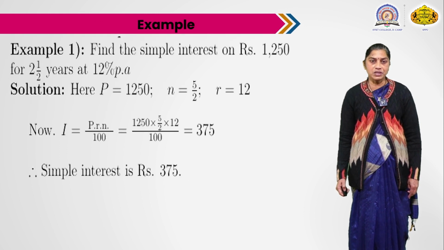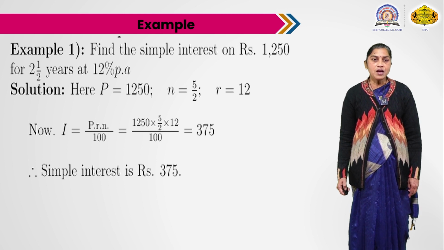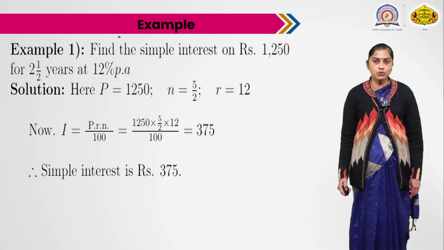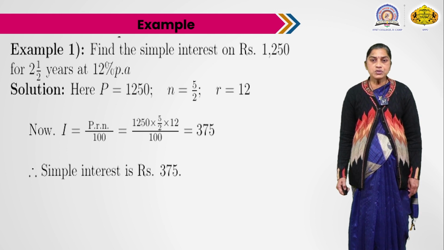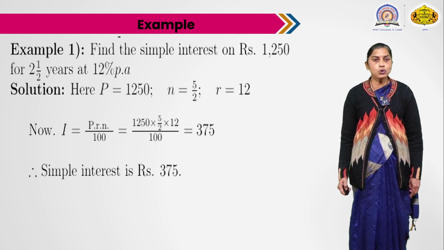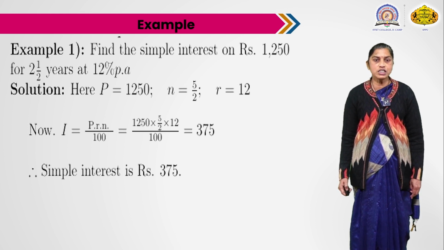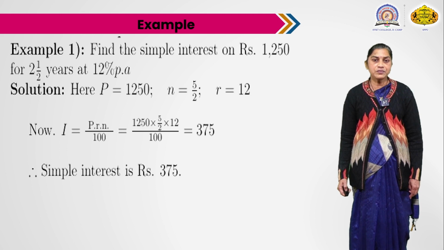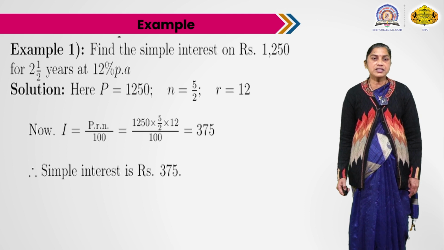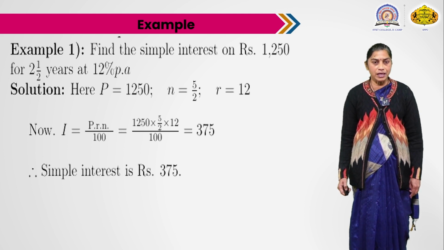Now, see the examples on this. The first example: find the simple interest on rupees 1250 for 2.5 years at 12% per annum. So, what is principal here? It is 1250 rupees, that is principal. N, that is term, that is number of years, is 2.5 years, that is nothing but 5 by 2, and R, that is rate, is 12% per annum.